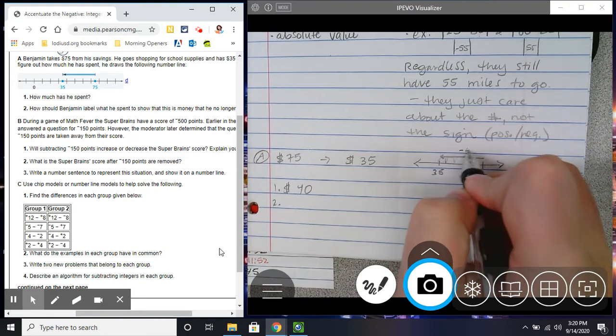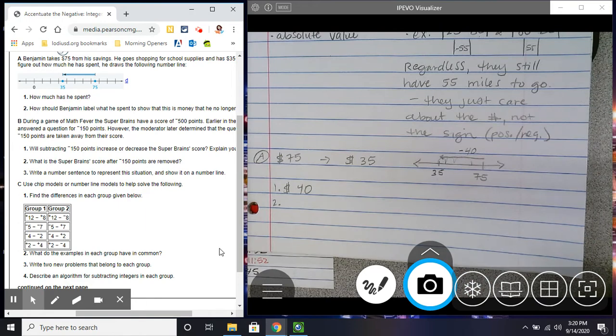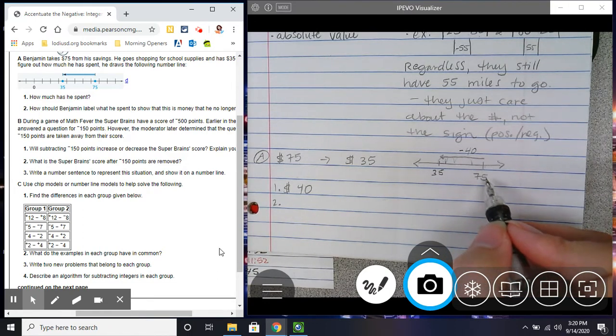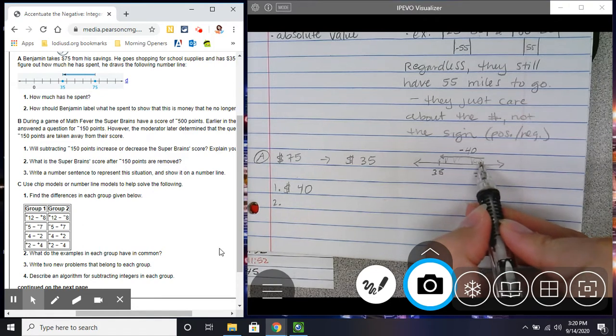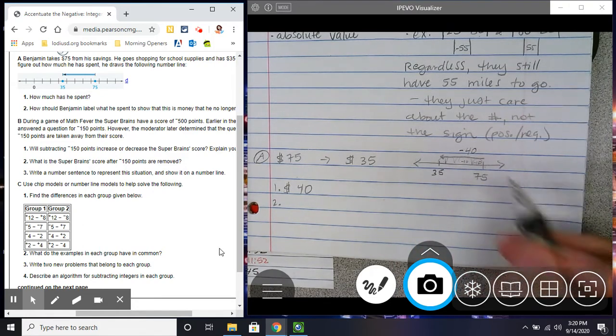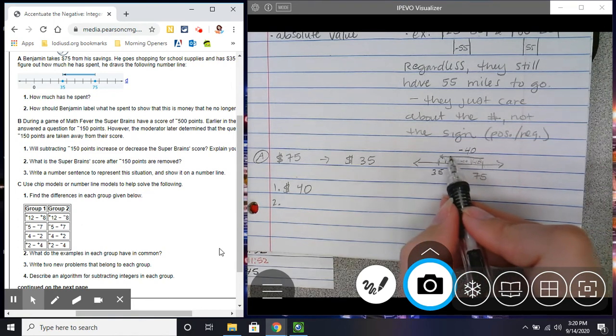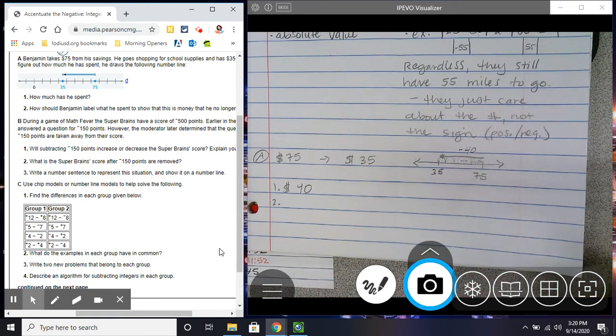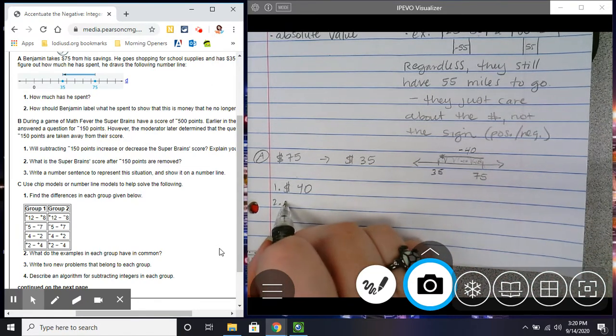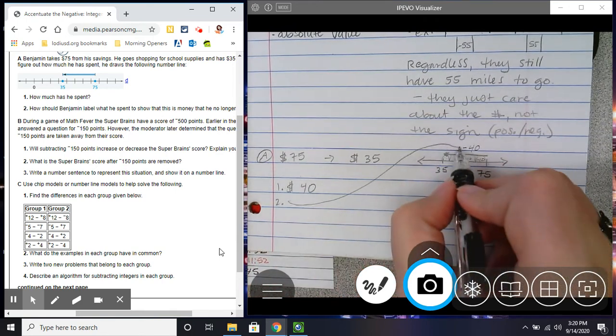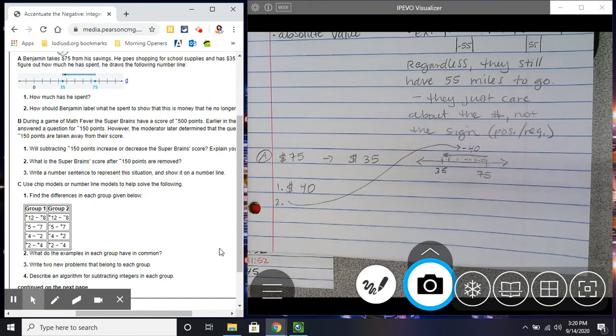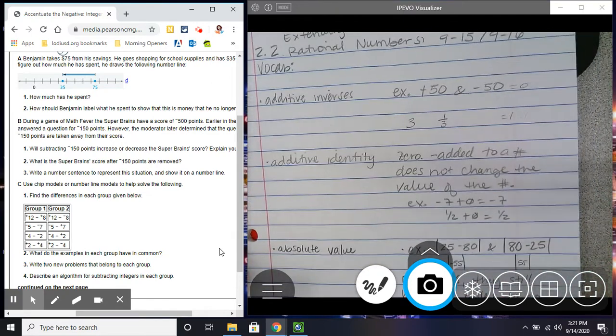Or like how I did the bunny hops, you could do minus 10, something like that. You could draw this line being red. All of those things would work. So my answer here would be that. And yes, you can do stuff like that too, as long as it's clear. I'm going to move on to the next page.